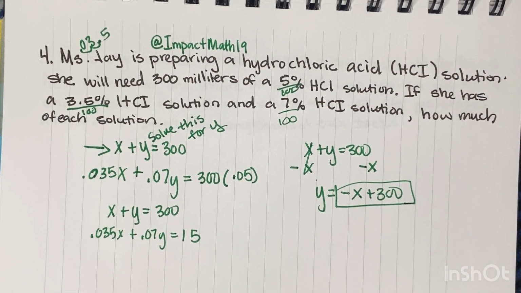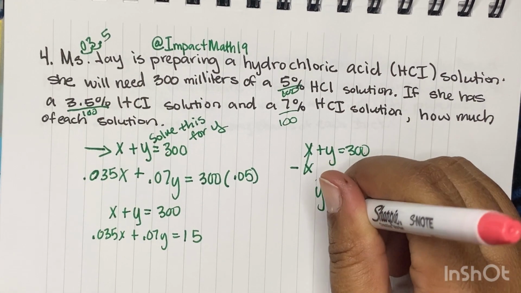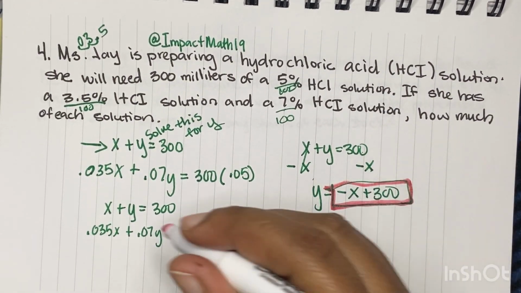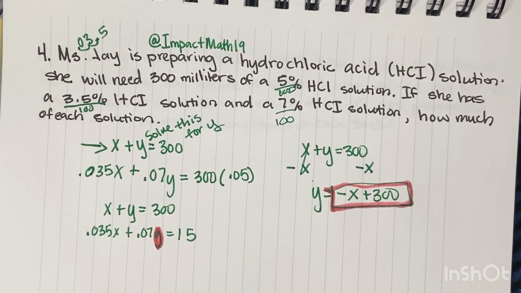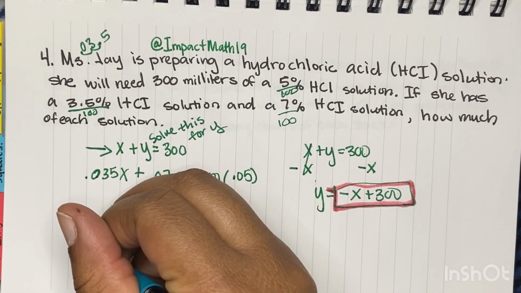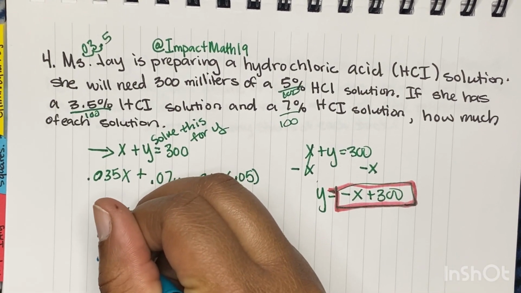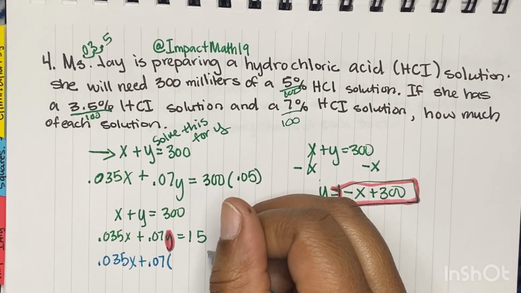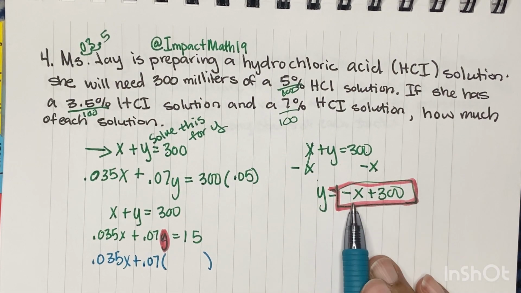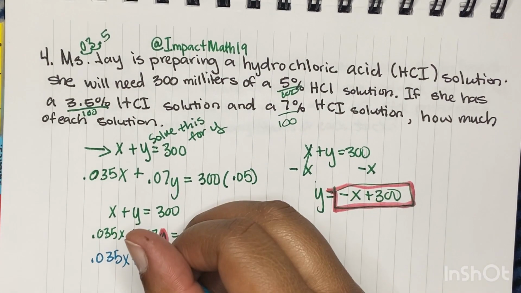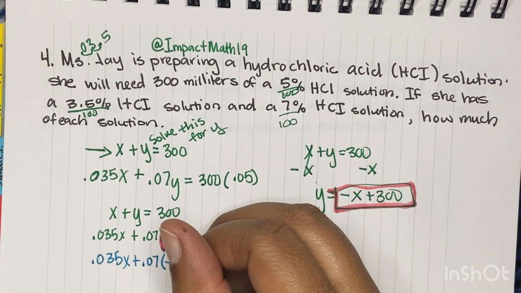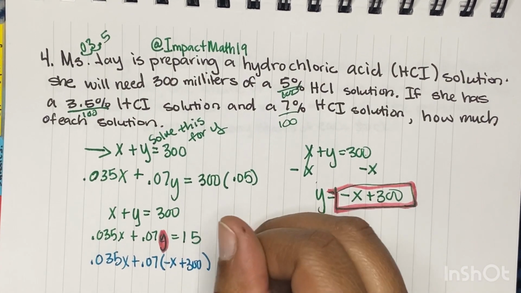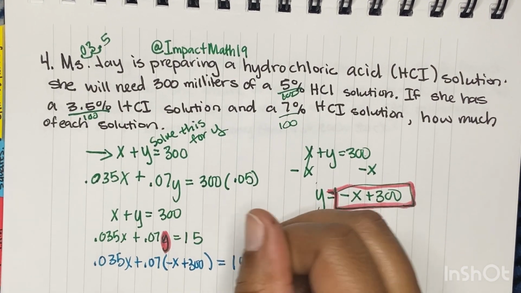Now I'm going to plug this in to my second equation for the y. So we're going to do 0.035x plus 0.07. I'm going to put parentheses because I know this is times, and I'm plugging this in. Negative x plus 300 equals 15.